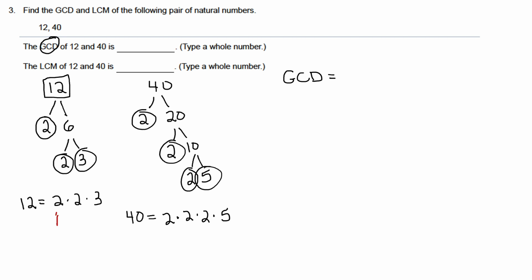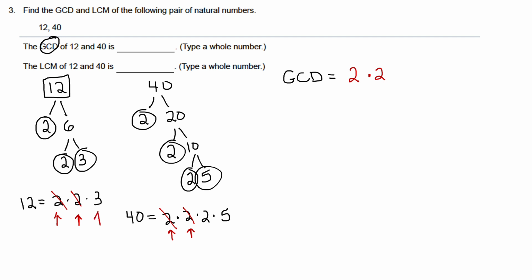The first factor is a 2. If we look at 40, there's also a factor of 2. So they have a 2 in common, so we can write down a 2. If we look at the next factor of 12, we can see that there's another 2. 40 also has another 2 in common. So we can write down another 2 for our GCD.